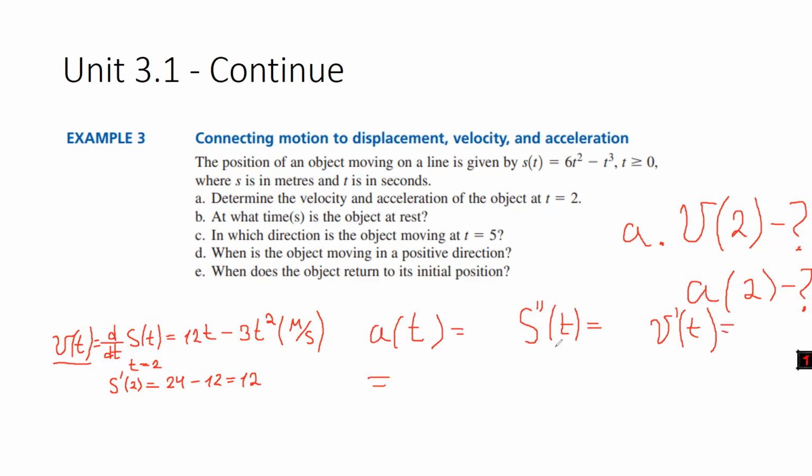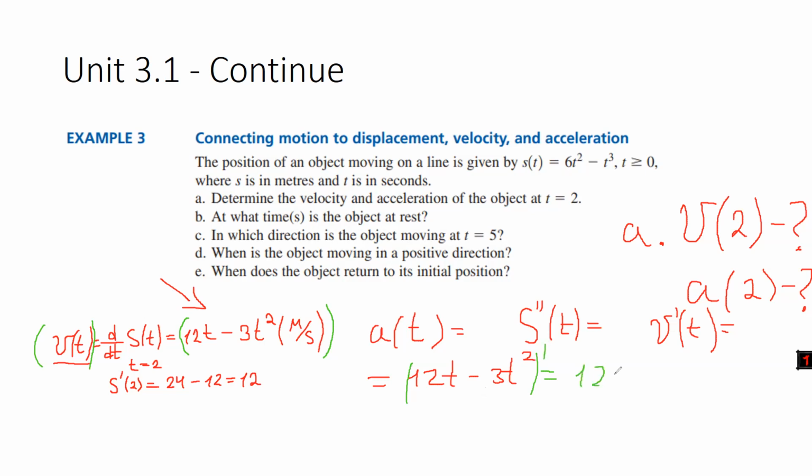So now we take the derivative of the function of velocity, so it would be 12t subtract 3t squared, as we found in the previous step right here. This is our derivative of the function of displacement, which is equivalent to the function of speed. And now only the last step, to differentiate it one more time.